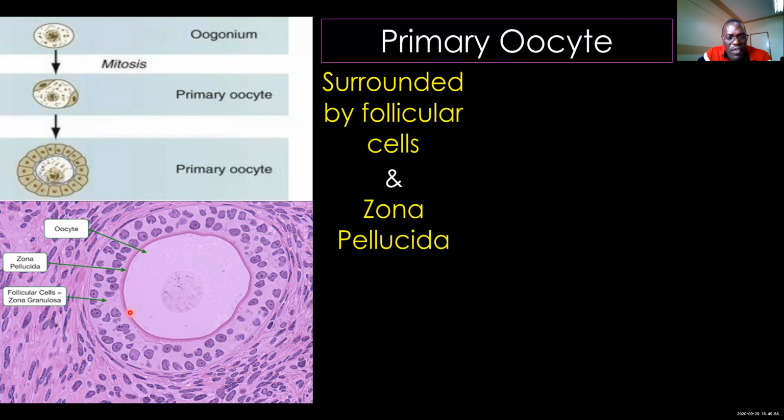This glycoprotein covering is known as the zona pellucida. So the zona pellucida surrounds the primary oocyte. Then external to that, we have the follicular cells. So at this point, we can say that the primary oocyte is surrounded by zona pellucida and follicular cells.